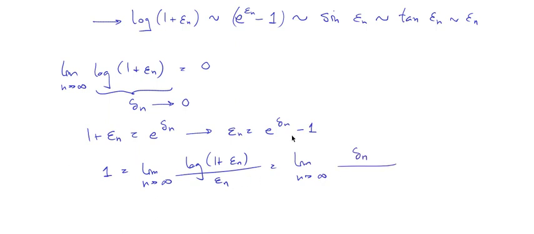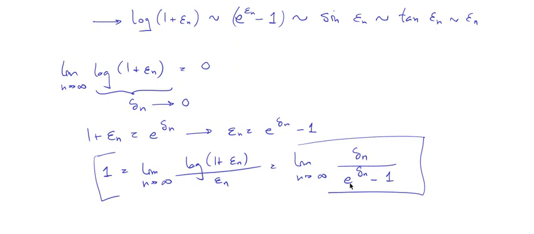And epsilon sub n is e to the delta sub n minus 1. So this thing is 1, so this means that e to the delta sub n minus 1 and delta sub n, where delta sub n is a sequence that is going to 0, are asymptotically equivalent.